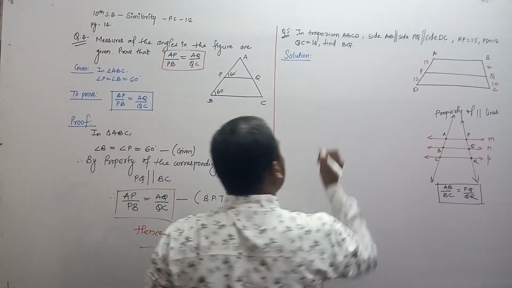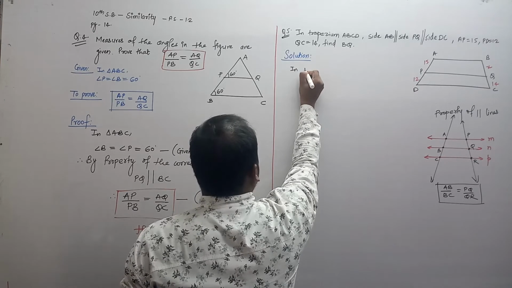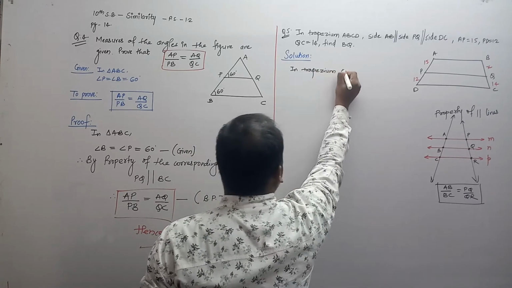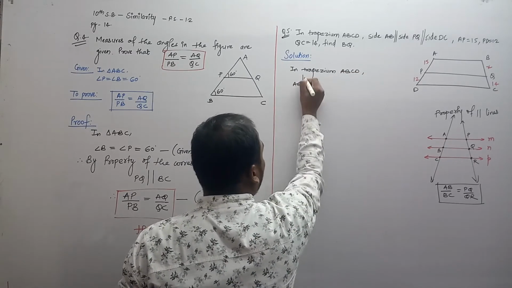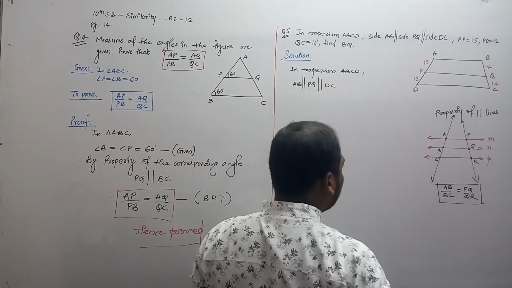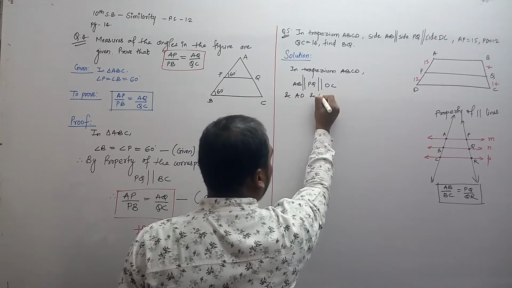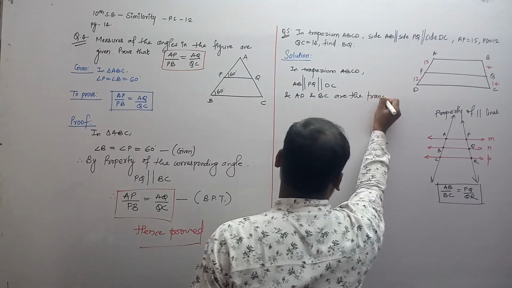We will write: in trapezium ABCD, AB is parallel to PQ, which is parallel to DC, as given, and AD and BC are the transversals.